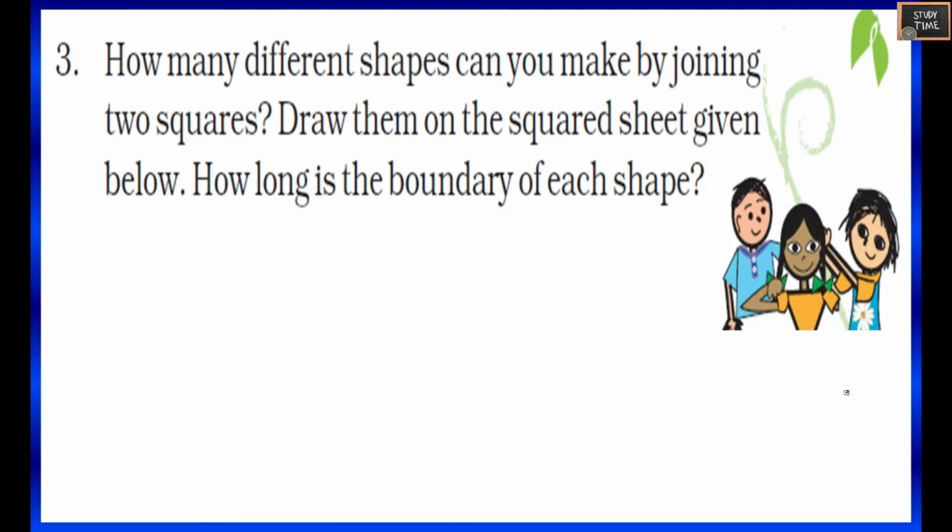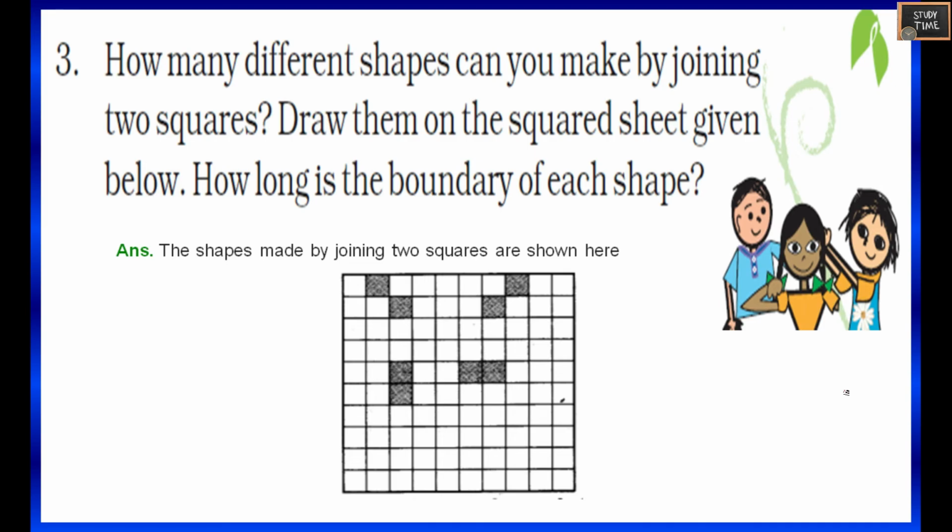Next, how many different shapes can you make by joining two squares? Draw them on the squared sheet given below. How long is the boundary of each shape? So you can draw shapes like this. So here 1, 2, 1, 2, 1, 2, 1, 2. Similarly, you can do this cross 1, 2 and 1, 2.